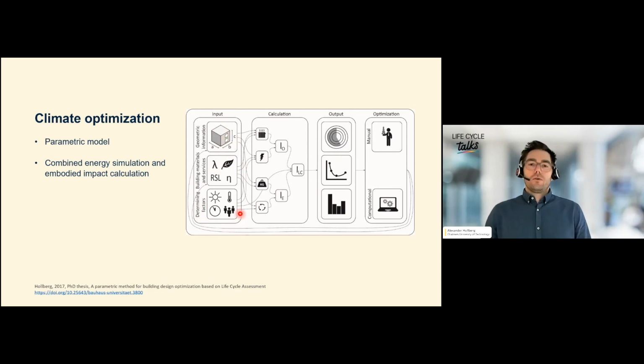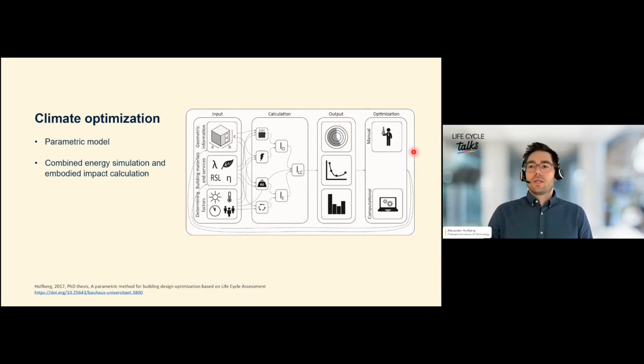And once you define those inputs, this can all be linked, and then the computer can take over the task of calculating the heating demand, energy demands, calculate the mass of the buildings, necessary replacements, and finally, the whole impact over the whole life cycle. And if we want humans to use the results and improve the building, we need to somehow visualize them so people can understand and identify the optimization potential.